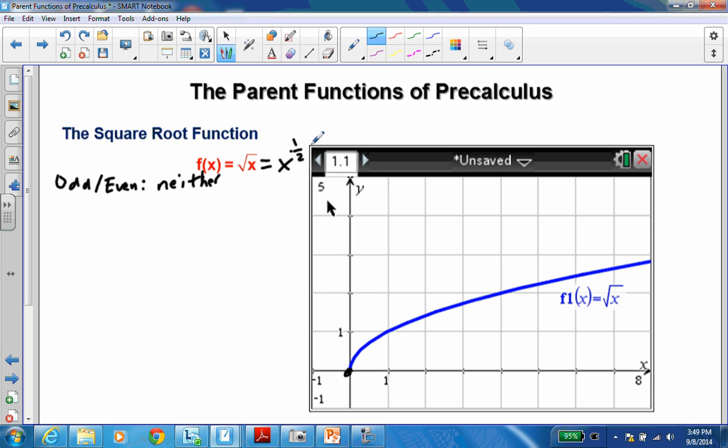And when you think about the power, x to the 1/2 power, is 1/2 an even or an odd number? 1/2 is a fraction. Even and odd numbers are for integers. Next, what is our domain?